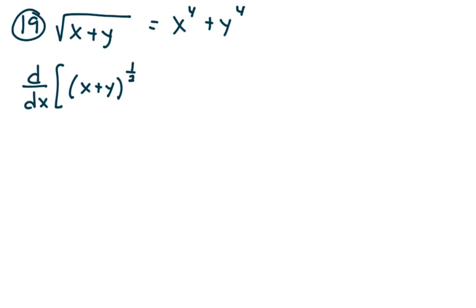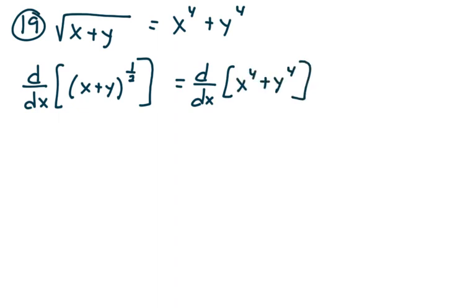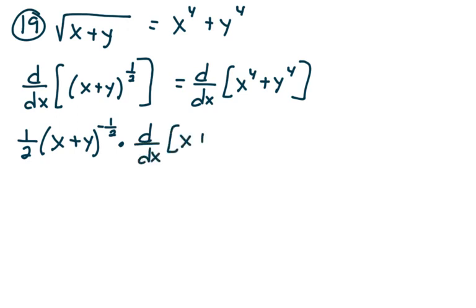So I'm going to find the derivative of (x+y)^(1/2) with respect to x, and set that equal to the derivative of x^4 plus y^4 with respect to x. By the chain rule, I get 1/2 (x+y)^(-1/2) times the derivative of x plus y with respect to x.